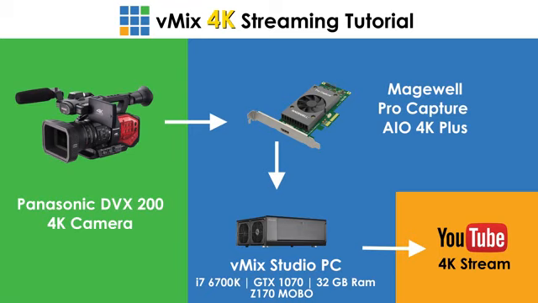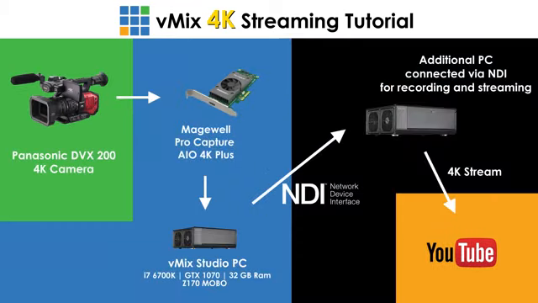What you could do in order to break that up a bit is, instead of doing it all on the one PC, break up some of your production. You could send out your streaming and recording to a different PC.